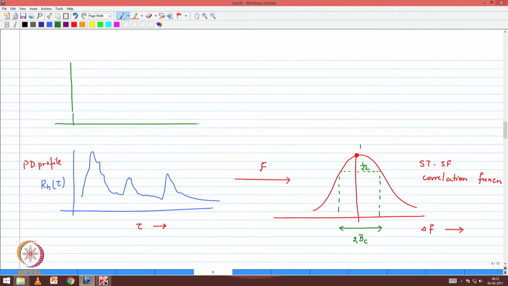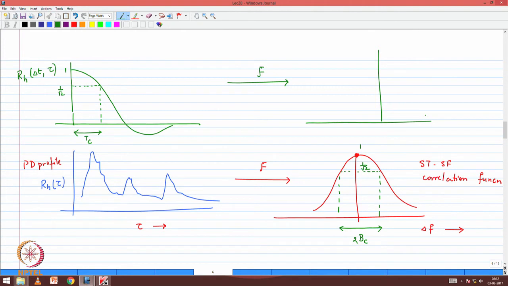I have the time correlation, which is in the form of a Bessel function. So this is R_H of delta t comma tau, but actually the tau dimension is not focused upon here. If this is 1, the height of 1 by root 2 is of importance to us, and that's where the coherence time comes into play. And the Fourier transform of this relationship gave us the Doppler spectrum.